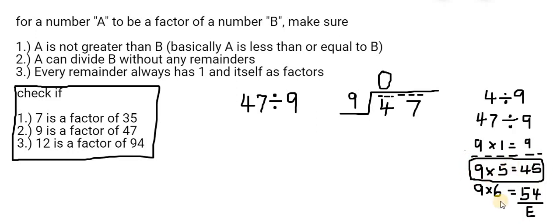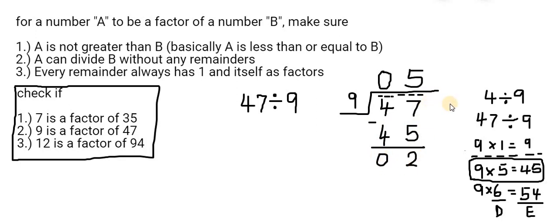And the number of 9s in 47 is in the column D on that line, which is 5. So we put that above 7. And to check for remainders, we take the answer in the E column on that line, put it there, and subtract. And that's a 2, and that's a 0.